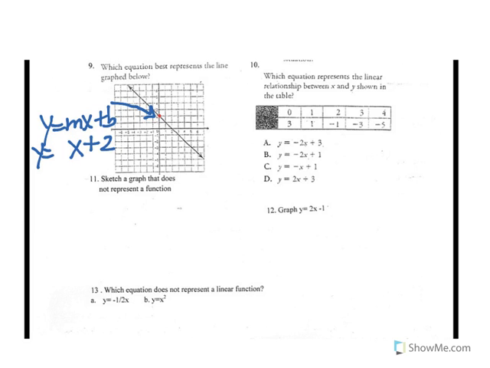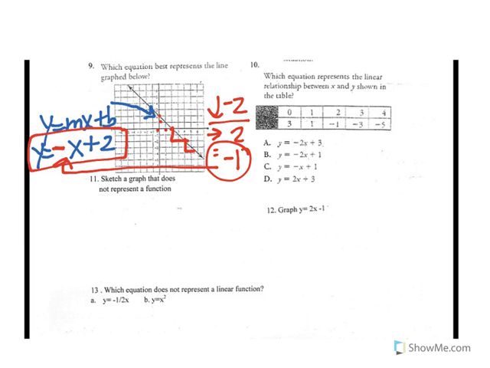So if we're going from 2 to wherever it intersects perfectly, which is also 2, if we go down 2 and over 2, 1, 2, that gives us our slope, because each time we're going down 2 over 2. So we can just represent that by saying -1, but when we fill this into the slope for m, we only have to write negative. So this would be our equation for our line.